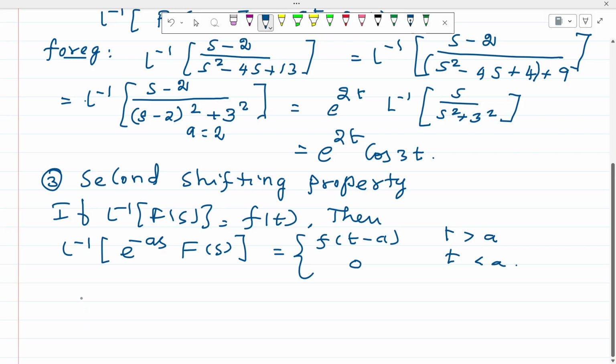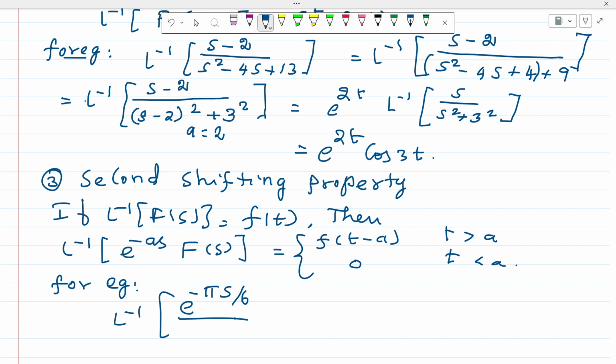Fine. See, for example, find L inverse of e power minus pi s by 6 divided by s square plus 1. See, it is in the format of e power minus as f of s. What is a here in the problem? a is pi by 6.